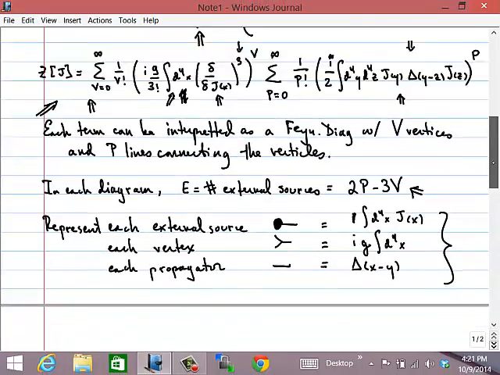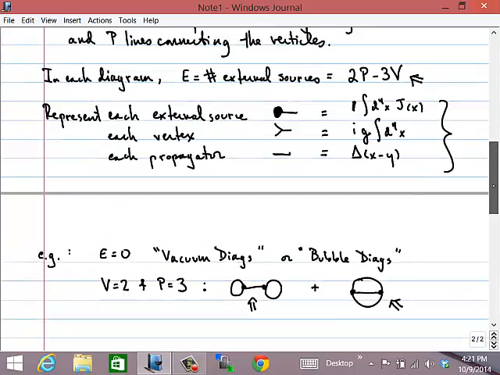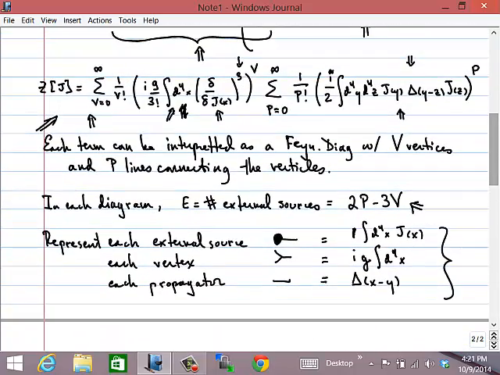There's one contribution like this, where 2 of the propagators are connected to themselves and 1 is not. And there's one like this, where all 3 of the propagators are connected between 2 different vertices. You can see that these correspond to the 2 different ways that these d by dJ's can act on these J delta J terms over here. Is that clear, more or less?